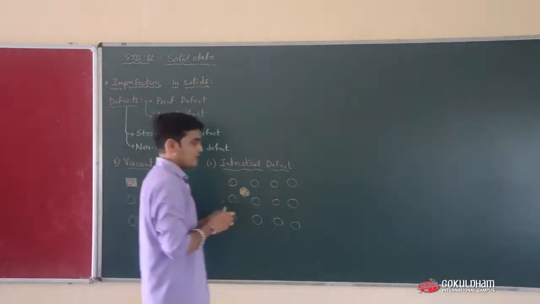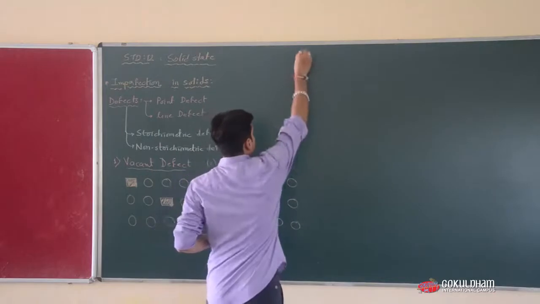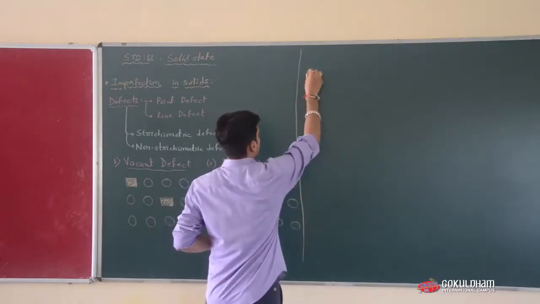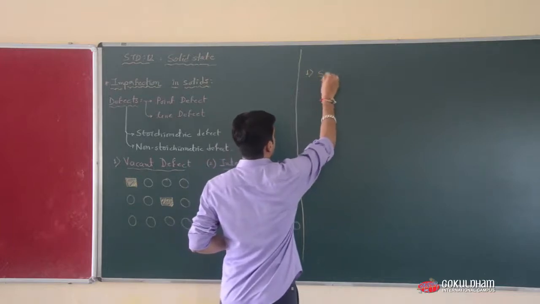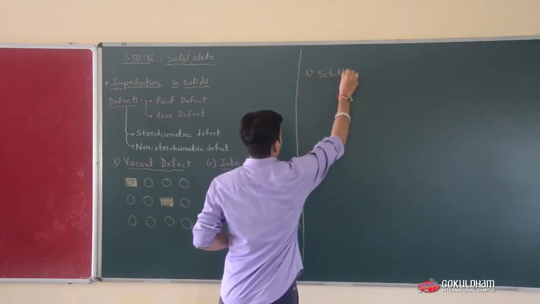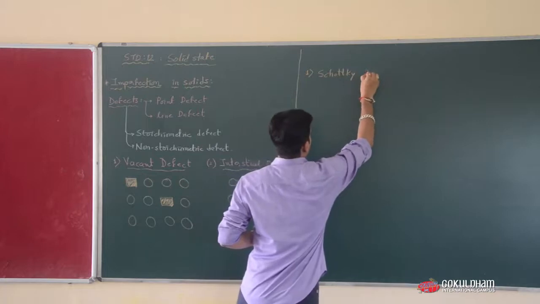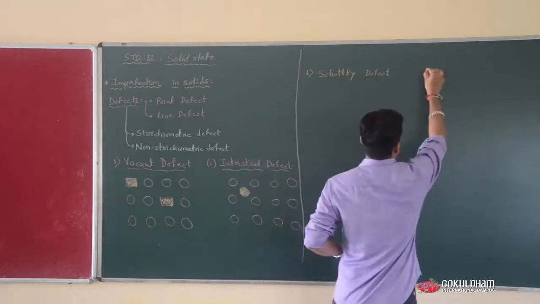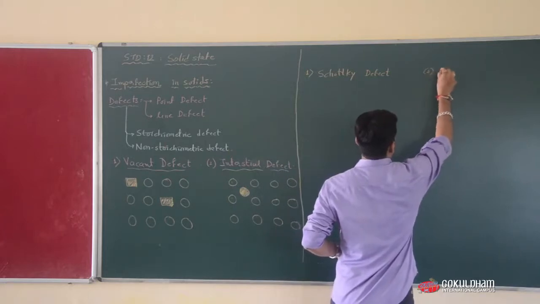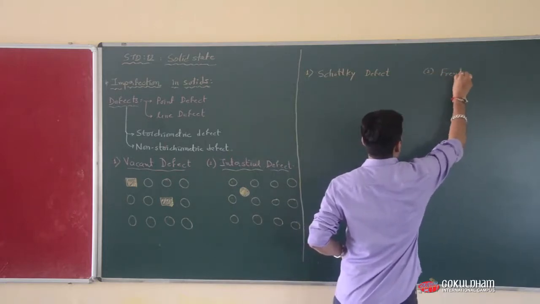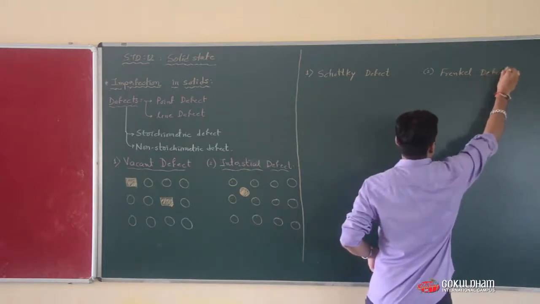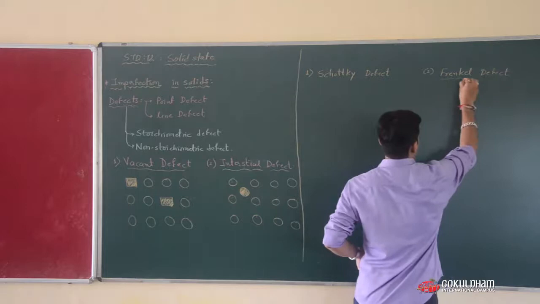But now stoichiometric defect consists of two major types. First is Schottky defect and the other is Frenkel defect.